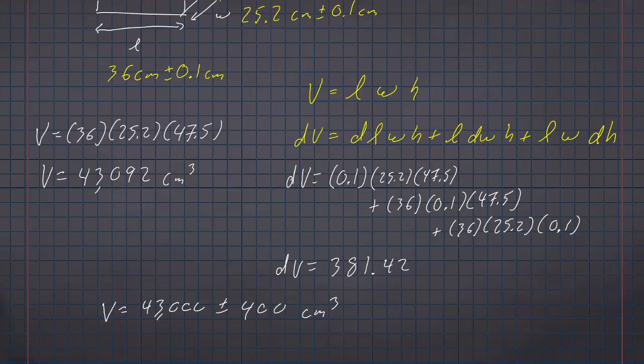But we see that this error, 1 millimeter off either way, because that's all the better our meter stick is capable of, gives us a total error of nearly 400 cubic centimeters in the volume of this box. Now, 400 cubic centimeters is not a lot when you're looking at a 43,000 cubic centimeter box, but it's still more than you might have expected at first glance.